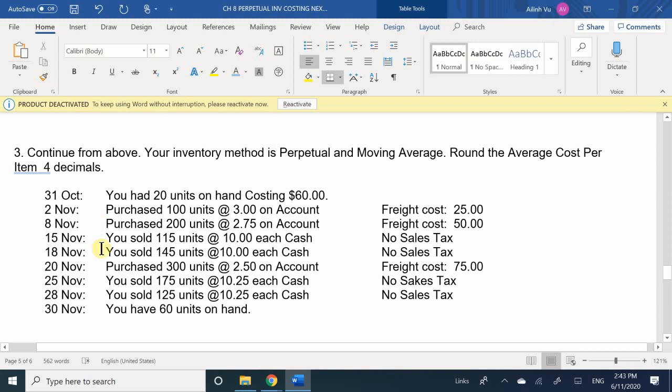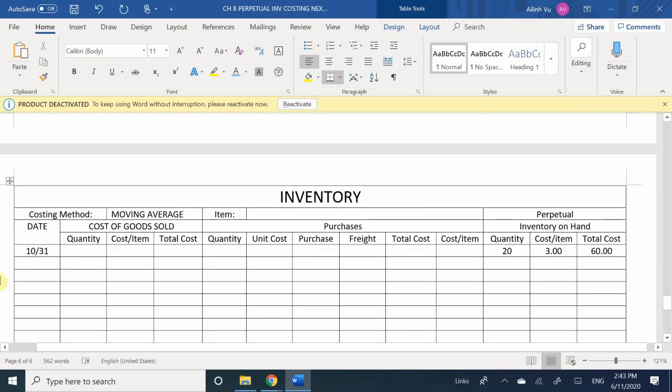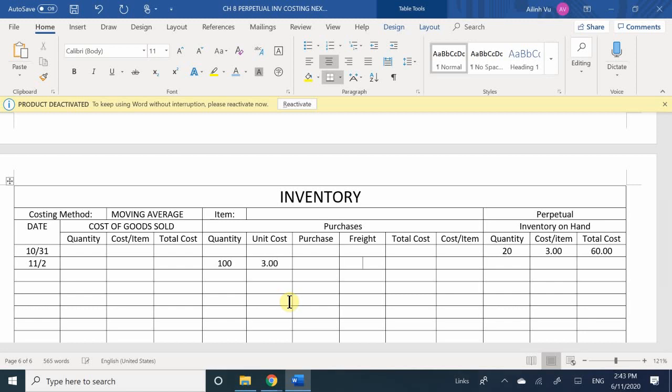what does the scenario say? November 2nd, we purchased 100 units at $3 on account. Freight was $25. Okay, so here on November 2nd, we purchased 100 items at $3 each with freight 25.